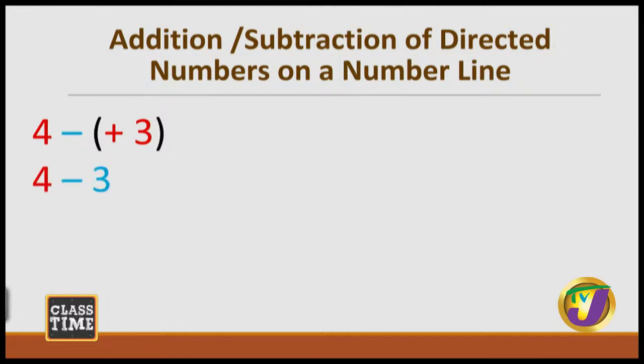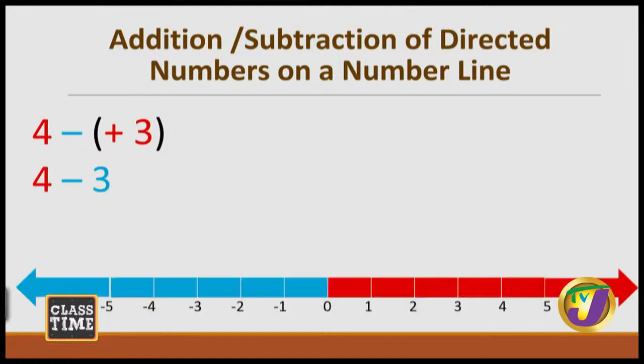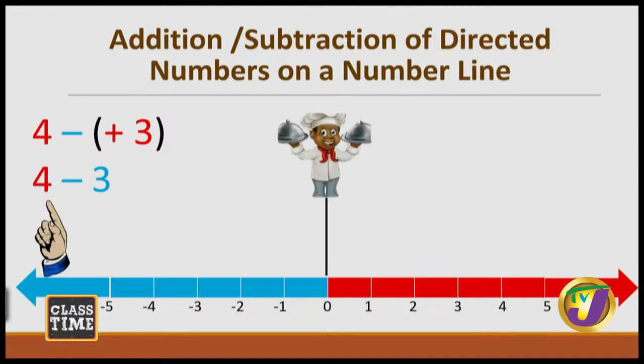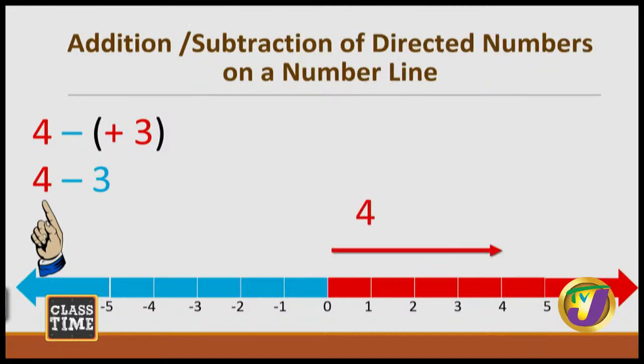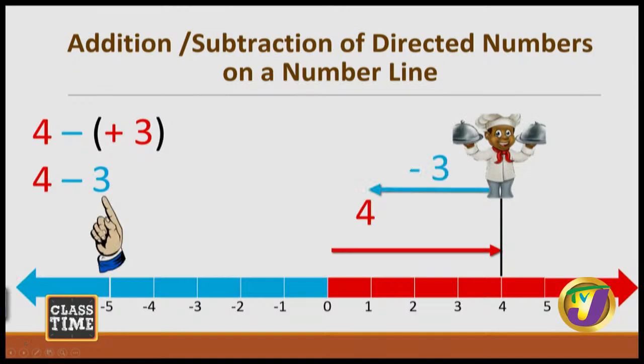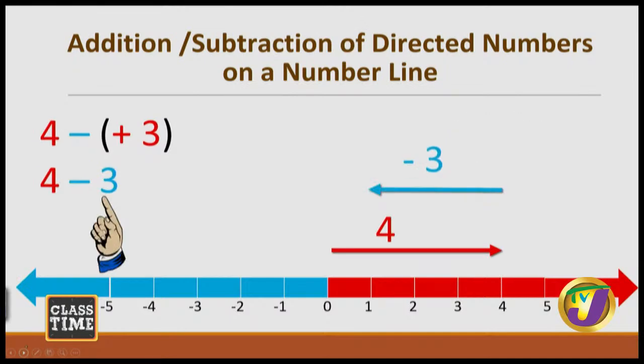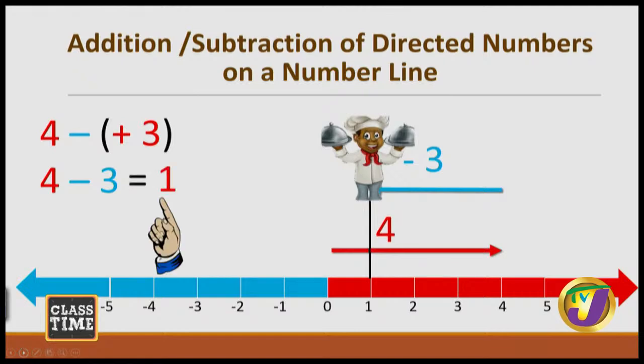So let's see that on the number line. We'd find positive 4 on our number line, to the right of 0. And then we would go 3 places to the left as we are subtracting. And that would take us to positive 1.